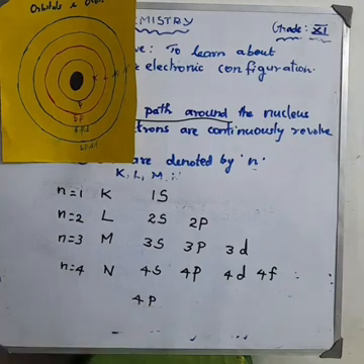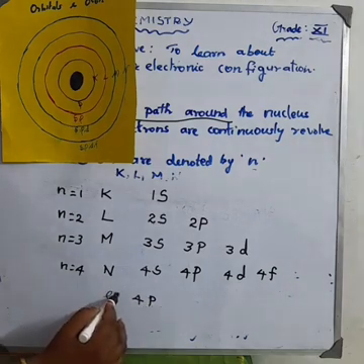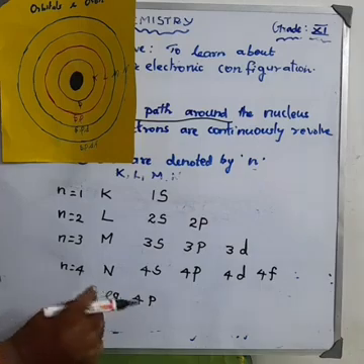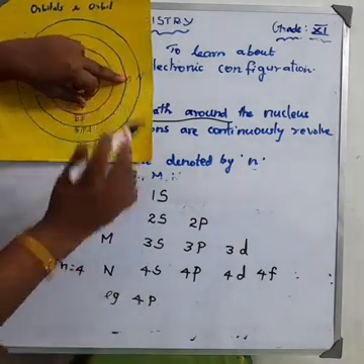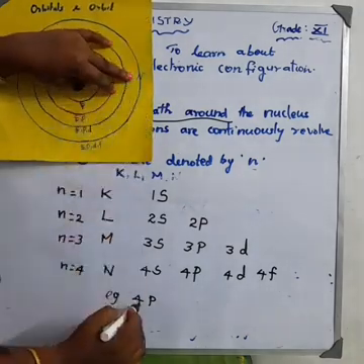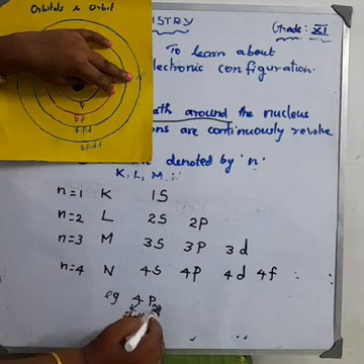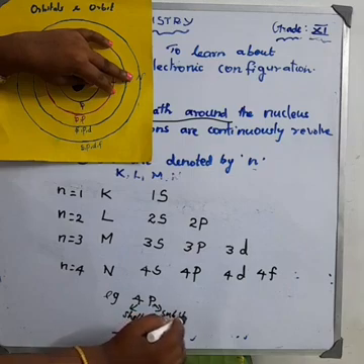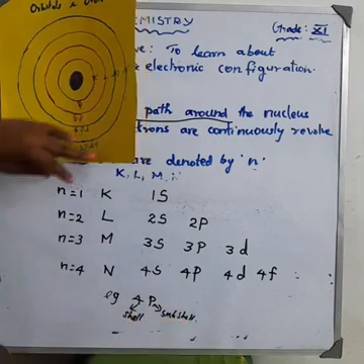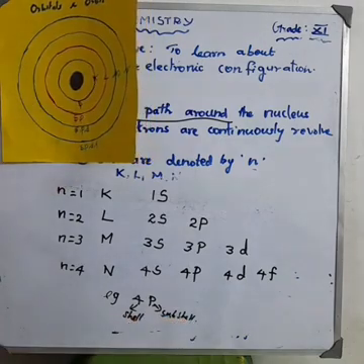P orbital. This is shell or orbit, and this is subshell or orbital. This is the arrangement of electrons surrounded by the nucleus. Okay, understand?